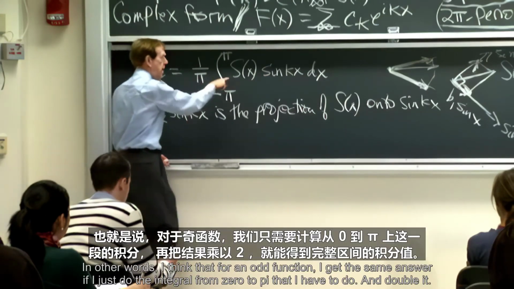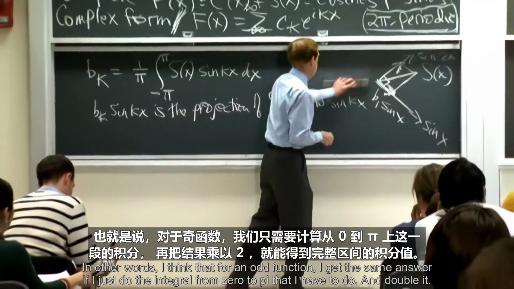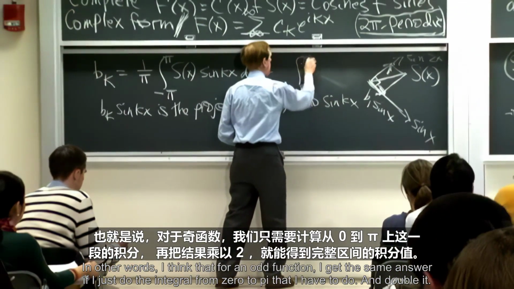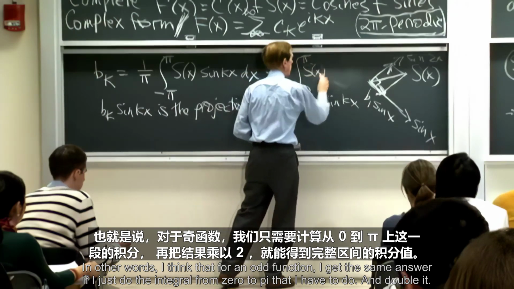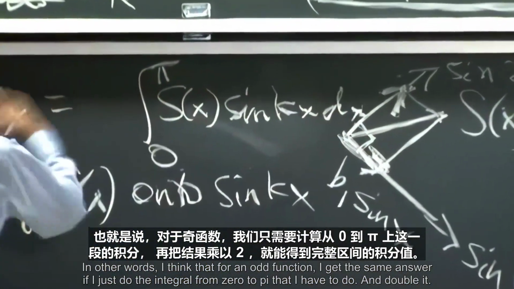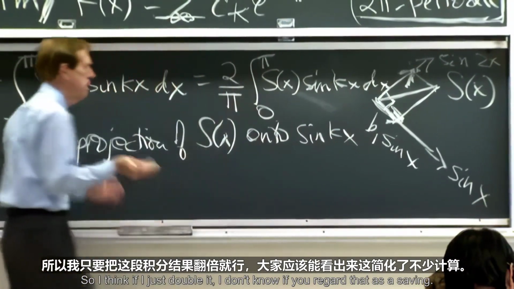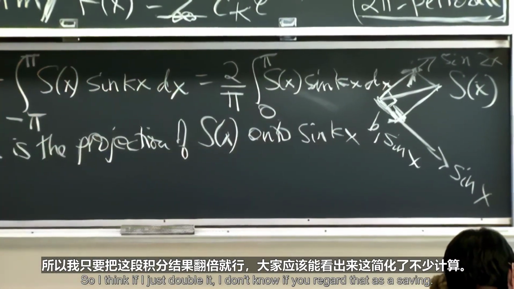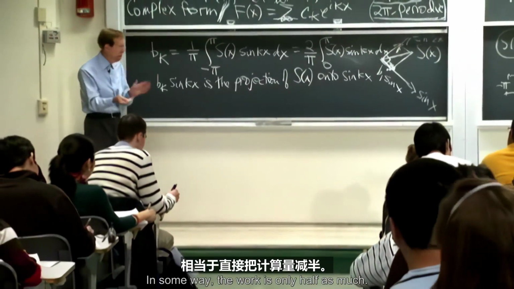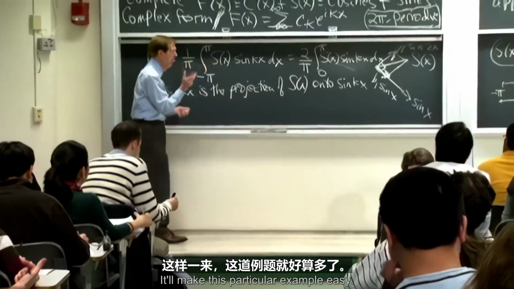In other words, for an odd function, I get the same answer if I just do the integral from 0 to pi that I have to do, and double it. I don't know if you regard that as a saving. In some way, the work is only half as much. It'll make this particular example easy.